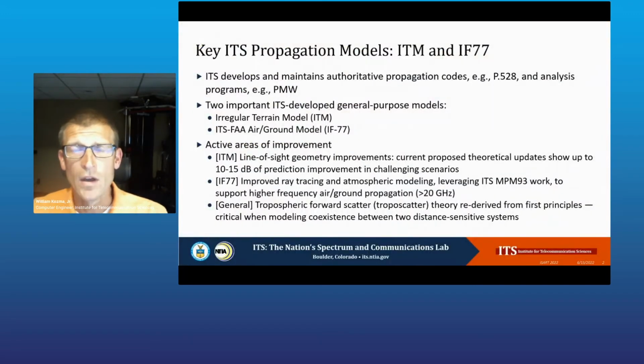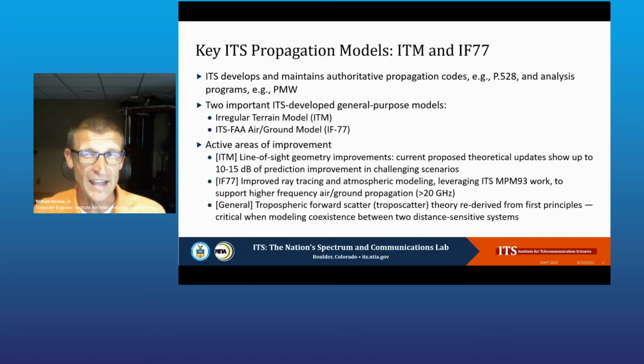So yeah, one place I want to start is two of the key models at ITS that have been around for decades: the Irregular Terrain Model, ITM, and the air-to-ground model, IF-77. Many of you are familiar with these and have used them yourself.